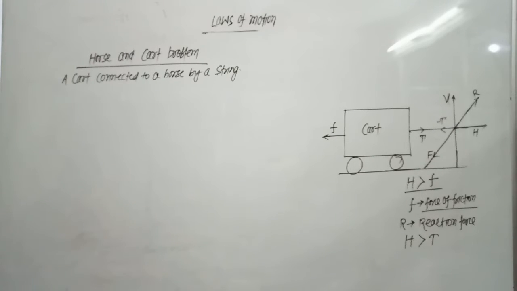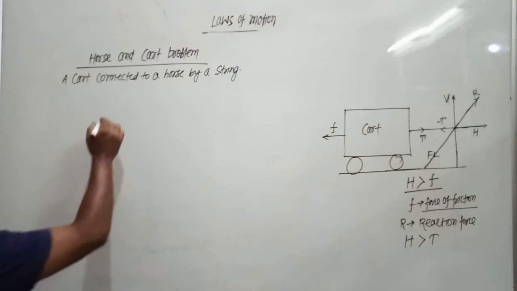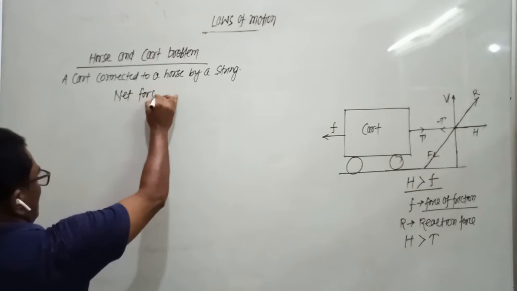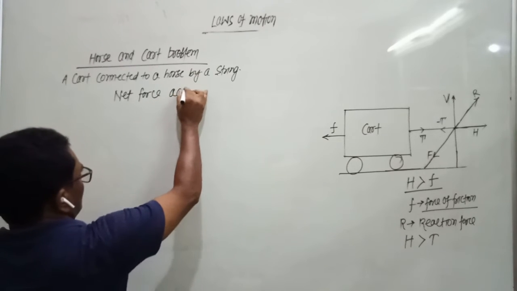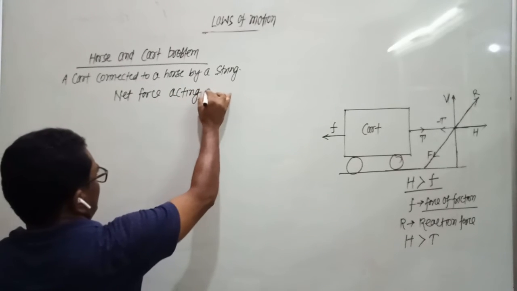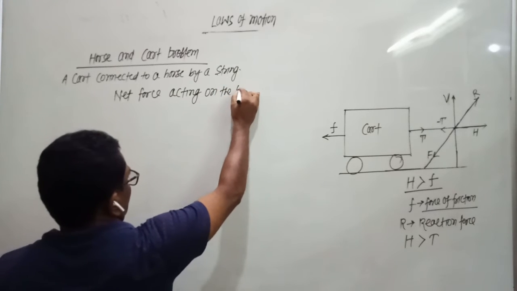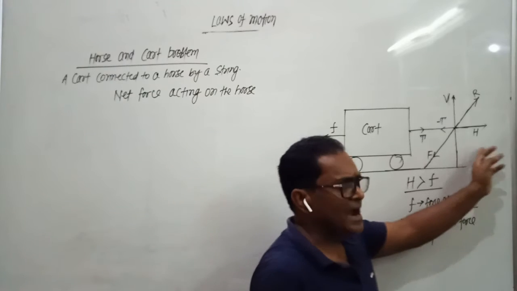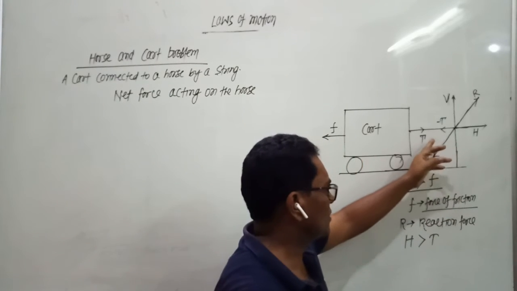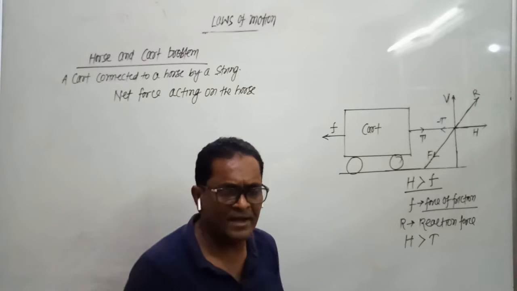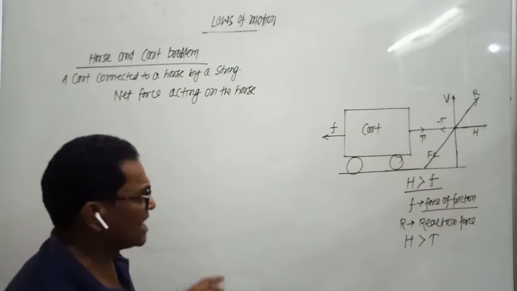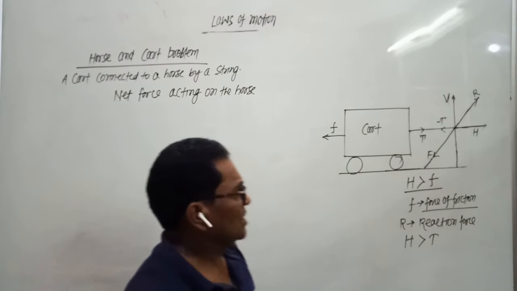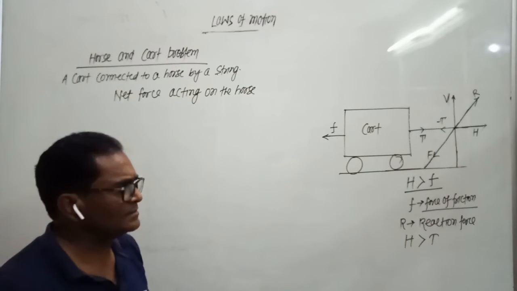Now, the net force acting on the horse. The force H acts in the forward direction and the force T acts in the backward direction. H is greater than T because the cart is going in the forward direction.